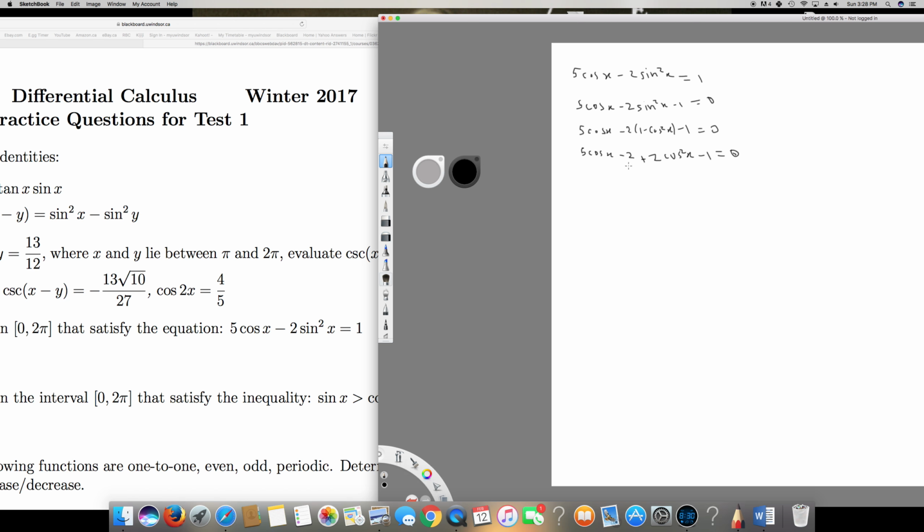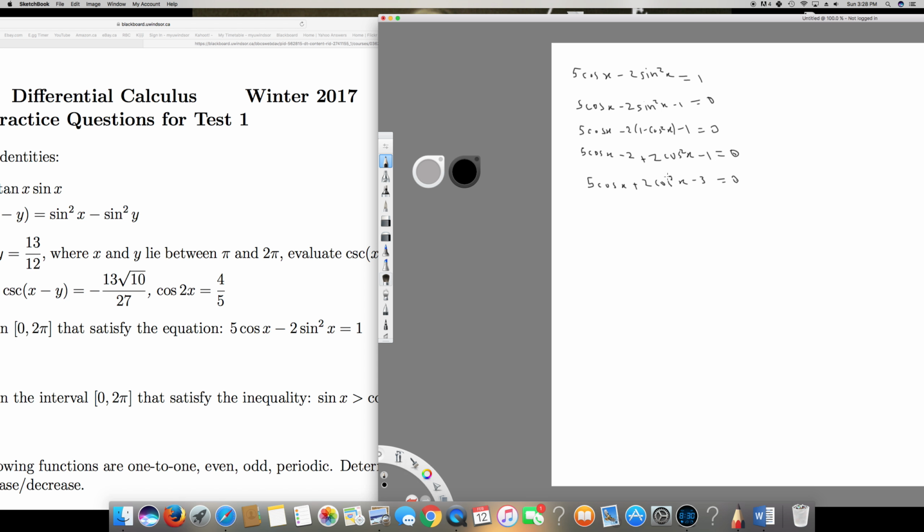So I can add minus 2 and minus 1 together, it's going to be minus 3. So 5 cos x plus 2 cos square x minus 3 is equal to 0. Now we have brought it to the simple form.